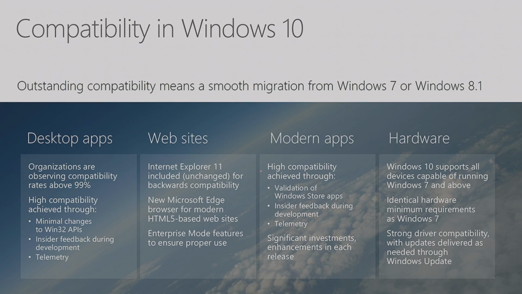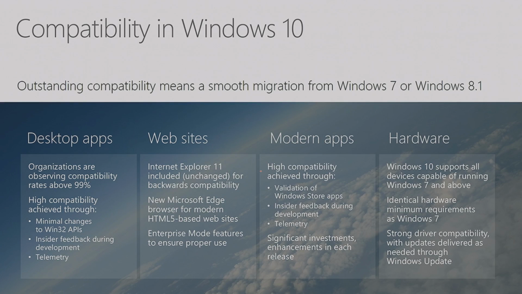The typical response back from those customers is, we're seeing 99% compatibility rates on our applications, sometimes even higher. Yes, we see a few issues here and there. The typical things that you would expect, things that are hooked into low-level operating system components like antivirus software, tend to be the biggest violator of the standard developer rules, and they use undocumented APIs and hook into the OS in non-natural ways. So those have a tendency to need updating, so you'll probably find a few like that, but most applications will just work.